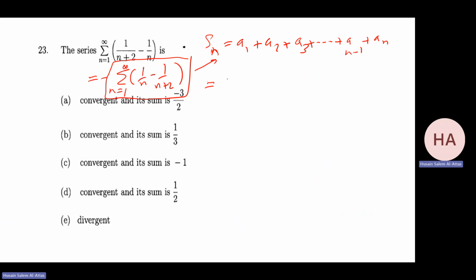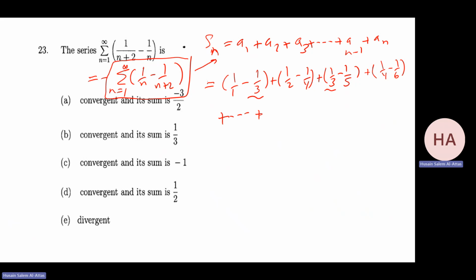So Sn will be what? 1 minus 1 over 3 plus 1 over 2 minus 1 over 4 plus 1 over 3 minus 1 over 5. Now, very clear, this will be cancelled with this. Also the other one has a cancellation, but it will make a little confusion. Plus 1 over 4 minus 1 over 6. I need only two terms from the beginning, because this will be cancelled, and that one will be cancelled, and so on.